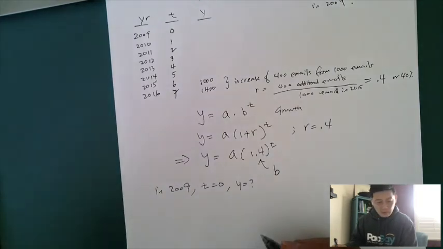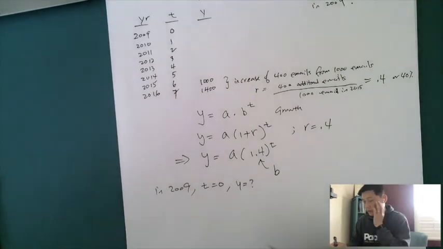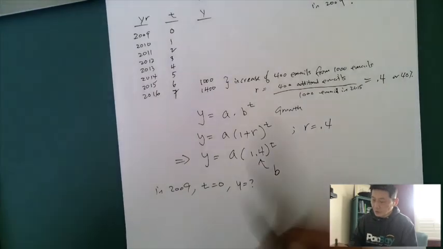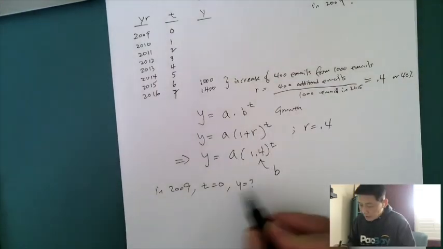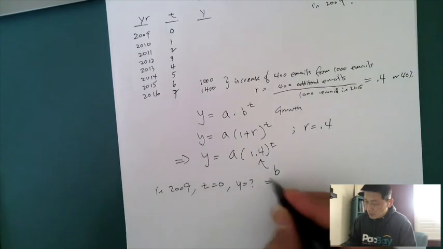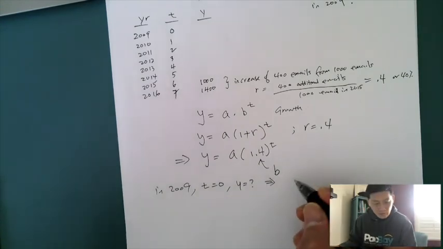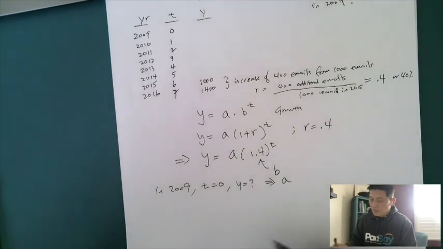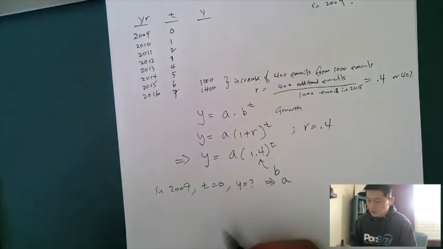So let's take a look at this. Actually, we don't need to do that. Right now what we need to do is utilize what we have. In this case, we want to figure out the initial condition, right? Y is the initial condition at t equals 0.